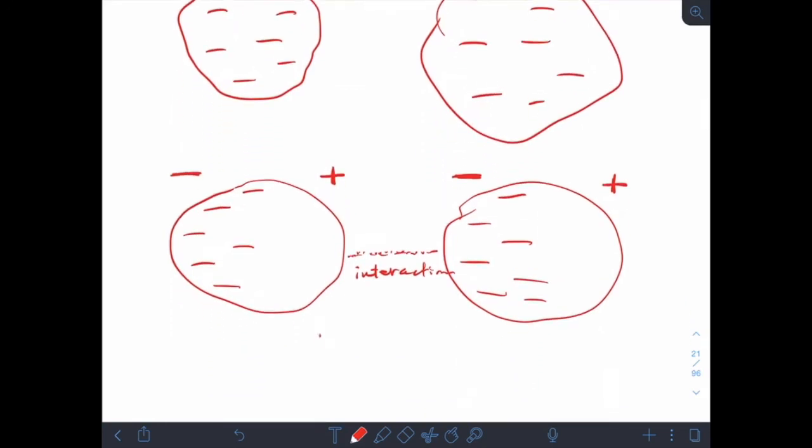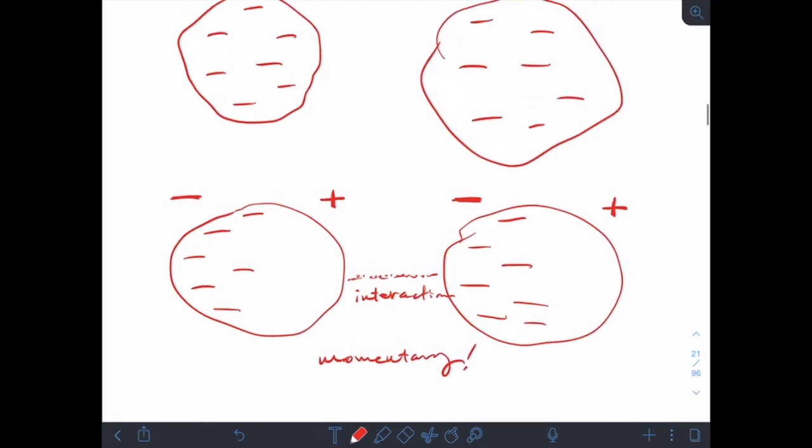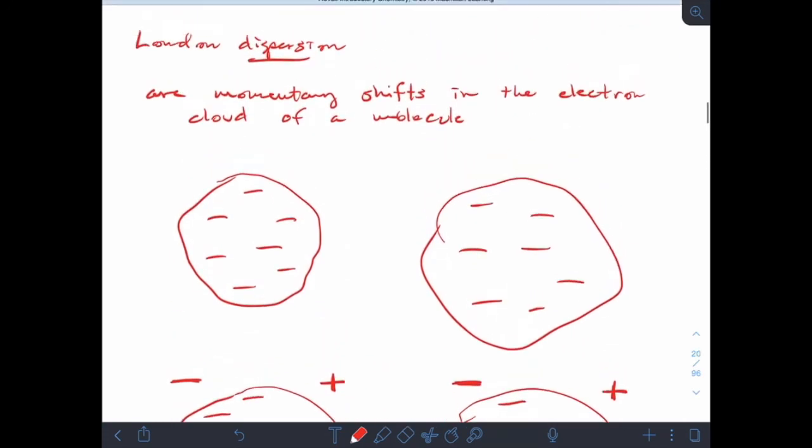But it's momentary because everything is in constant motion. So in the next instant, those electrons shift around and suddenly there's no more attraction. Okay? The cool thing about dispersion forces is that everything can do this.